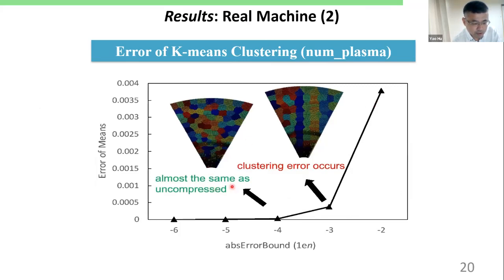Here we can see the proposed lossy compression can generate almost the same pattern as the uncompressed clustering result. Here, the same color shows the same cluster in the clustering result. And here, the clustering error will happen after the error bound jumps over a large value like this.